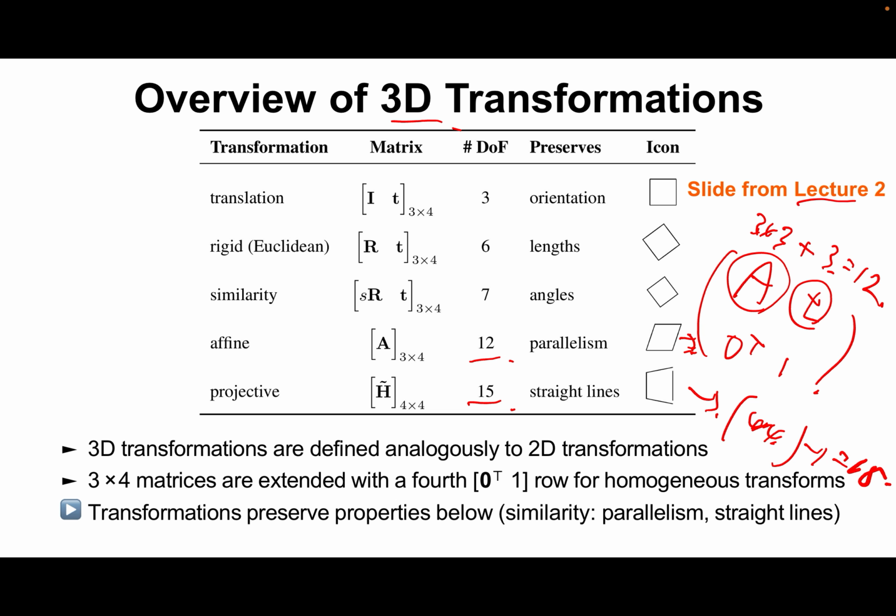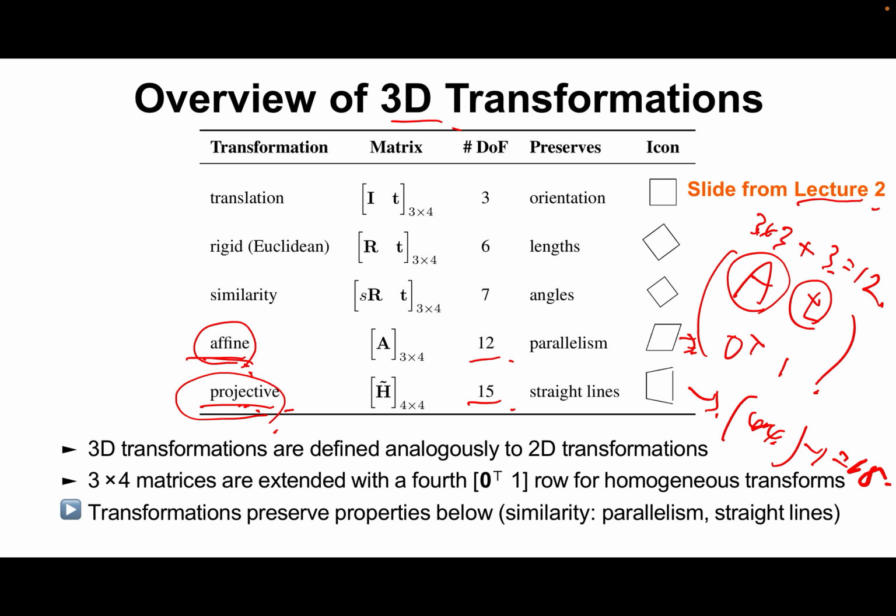This is also from lecture 2, and we will use affine and projective many times from now on, so it's better to be familiar with the difference between affine and projective. Projective is the most realistic one. It is used in the standard camera pinhole model, but structure from motion suffers from too much ambiguity, so we'd like to relax the ambiguity by approximating the camera with the affine transformation matrix.